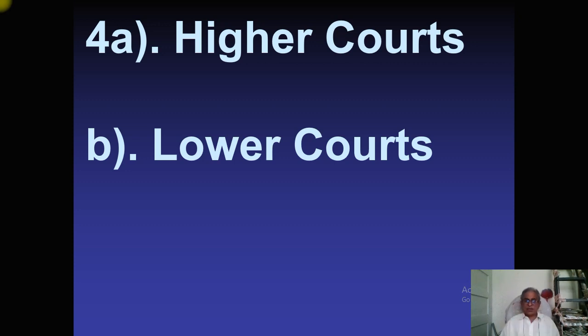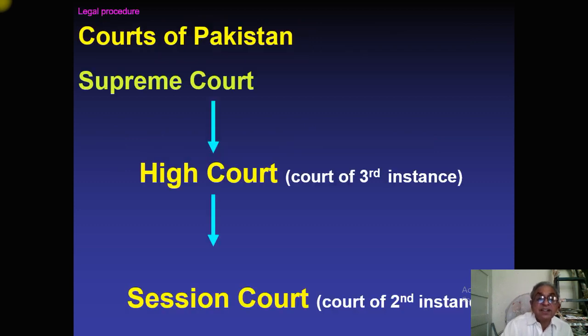So these four types of courts are present in our country.